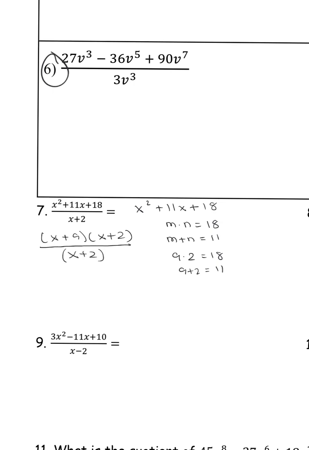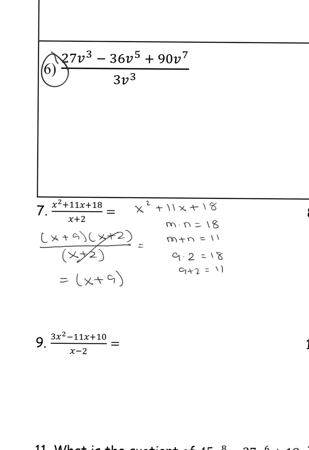So you can see here that I have x plus 2 in my numerator, x plus 2 in my denominator. Those cancel out. So dividing x squared plus 11x plus 18 by x plus 2, we get x plus 9. All right, so the whole purpose of factoring the top is you're breaking it up into the 2 binomials, and then you are dividing, okay?